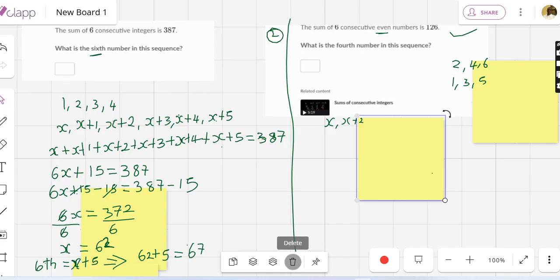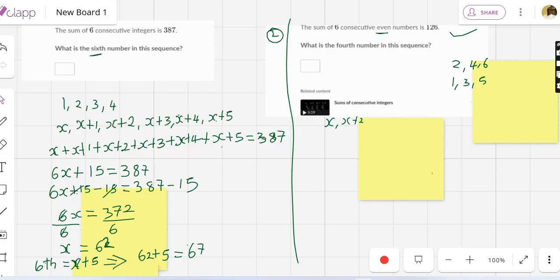The next number is x plus 4. We're counting in 2, so x plus 4. The next number is x plus 6. The fourth number is x plus 6.